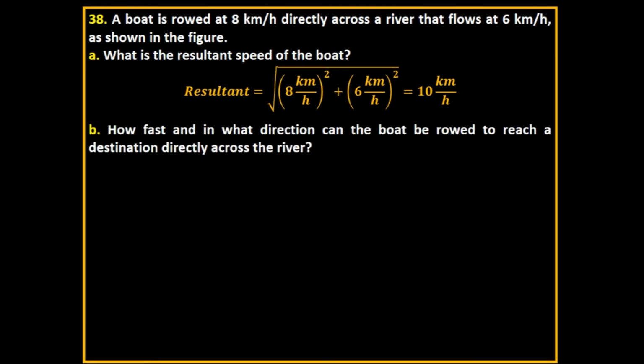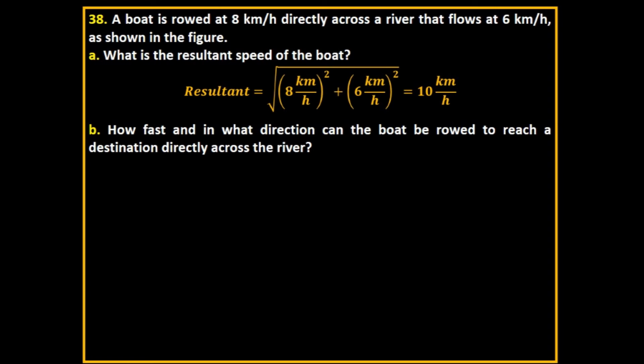Now, what if I wanted to go directly across the river from the shore that I was on? How fast and in what direction can the boat be rowed to reach a destination directly across the river?